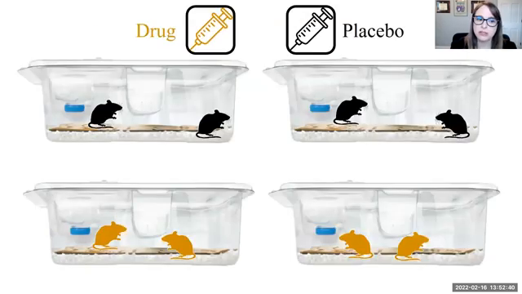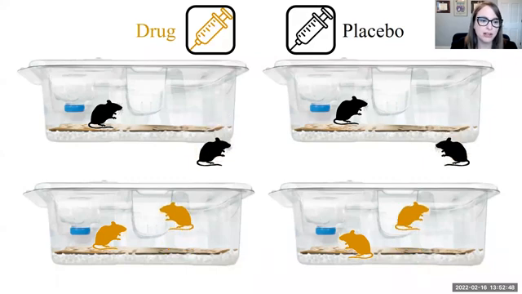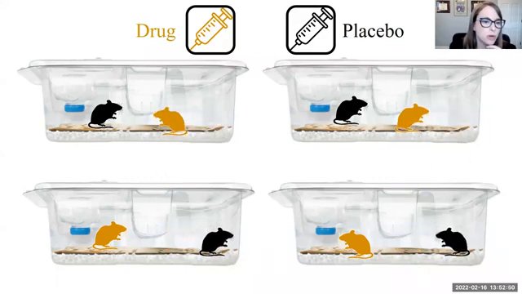Instead of having all of one treatment in one cage, it would be better if we had one drug and one placebo. So here's our split plot within each of these cages. This is a way for us to block by cage and really identify how the variability due to cage may be affecting our treatments differently.